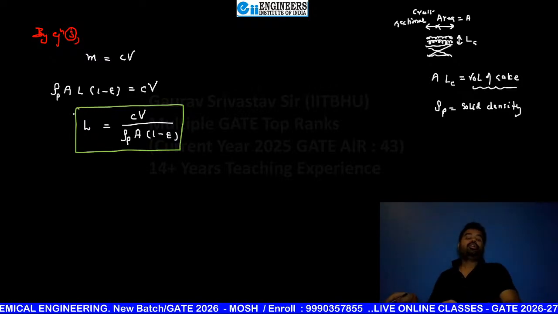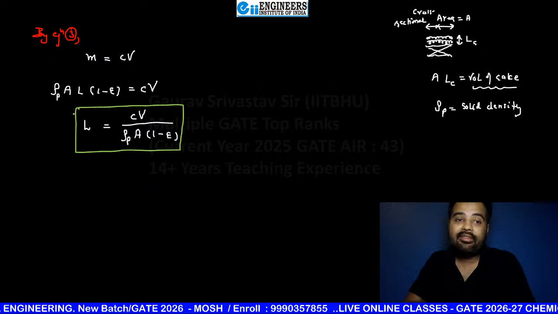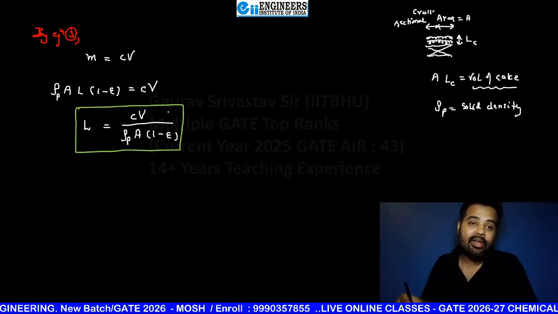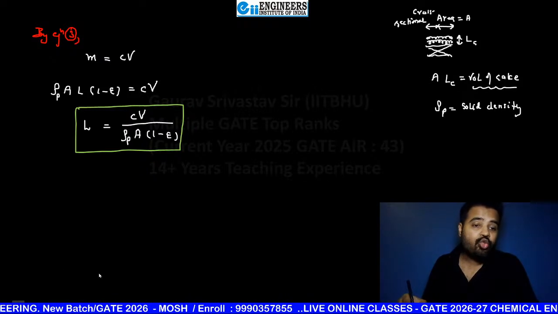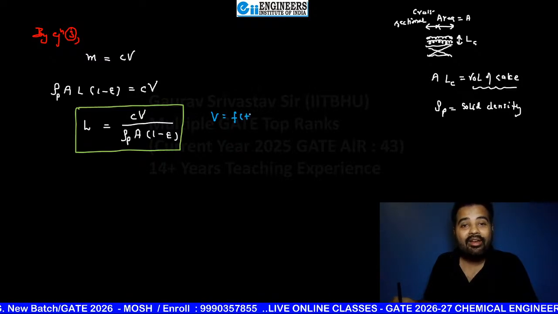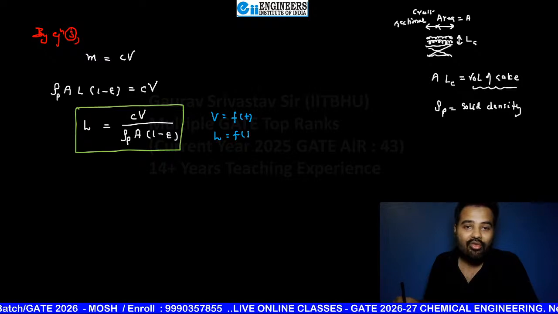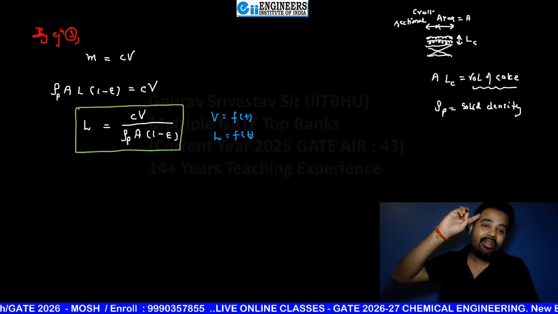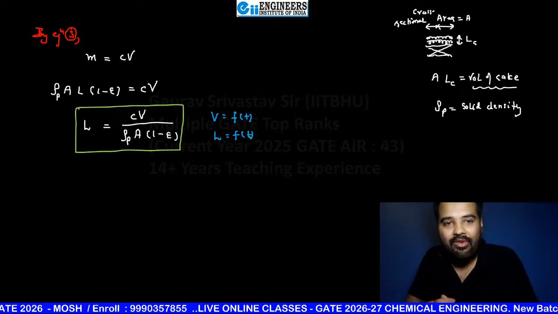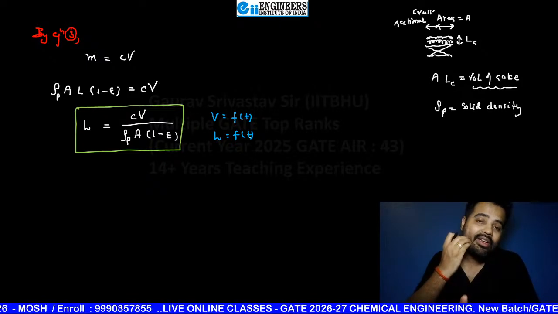So what is this? This is the cake thickness, and clearly you can see beta. The volume that is going to be collected is a function of time. How much volume is collected? So here clearly you can see L is also a function of time. Rho P is constant, A is constant, 1 minus epsilon is constant, C is also constant because that is the concentration.